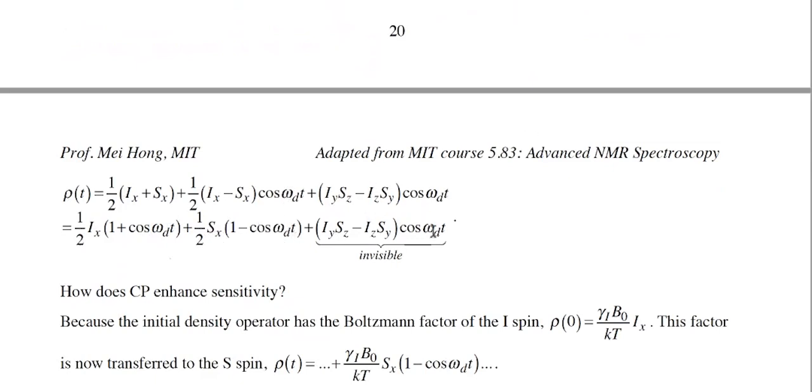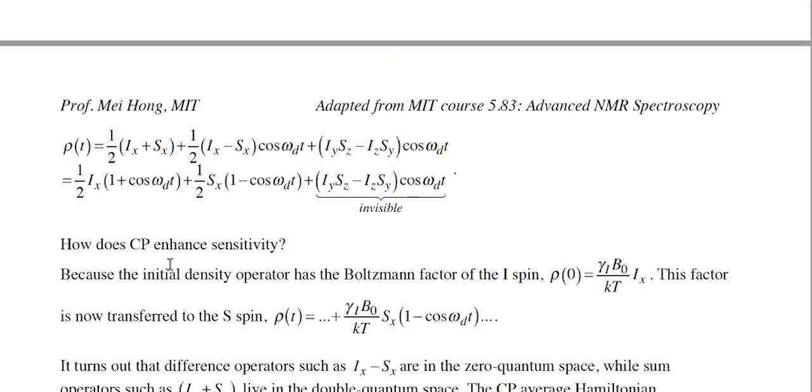And this part, it doesn't even matter very much in a sense, because these spin operators, products of two things, they're not observable. So what you detect in the end, what you really care is the Sx. So now what's really satisfying in this is if you look at the result, the Ix gets modulated by 1 plus cosine, there's a half there.